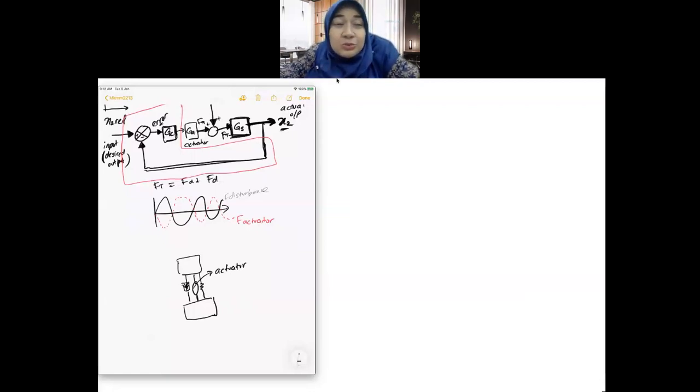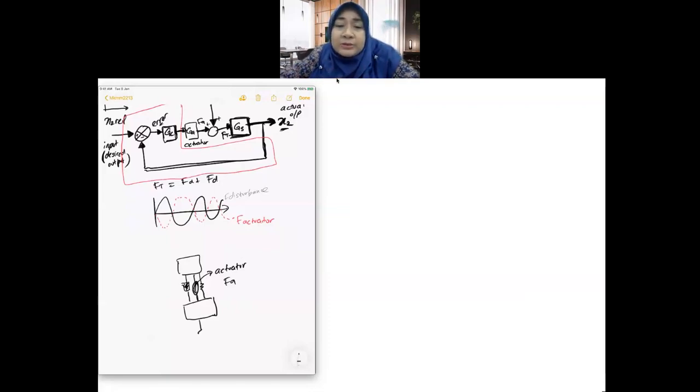Okay, so the information from your controller, from GC, will tell your actuator how to produce the FA, what kind of force to be produced, either to move it up or move it down. So this is an example of, for example, an MR damper or any damper that you can put as an actuator to your system.